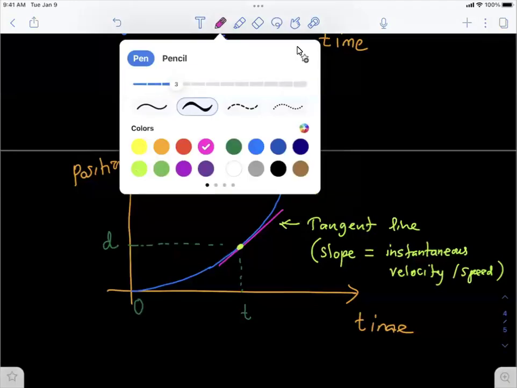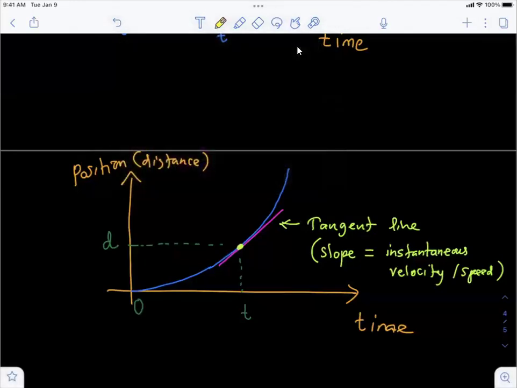Let's employ a different color and let's draw the other version of it. If we get the average speed in this occasion, average speed is given by just the straight line segment connecting these 2 points. And look at the slope of this yellow line. Compare it with the slope of this pink line. Can you see the difference?